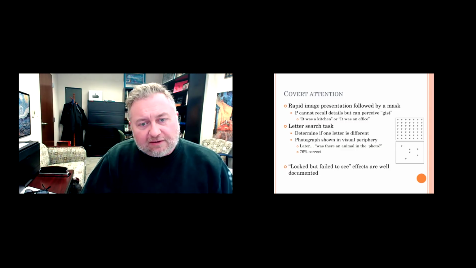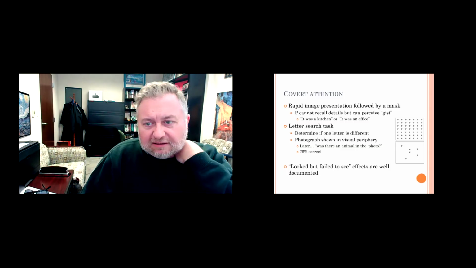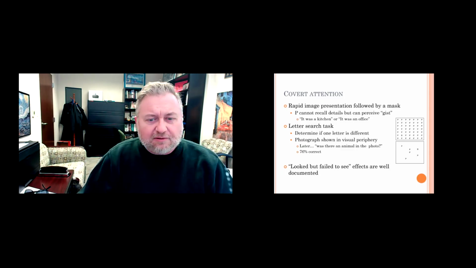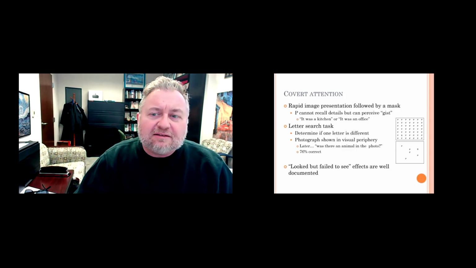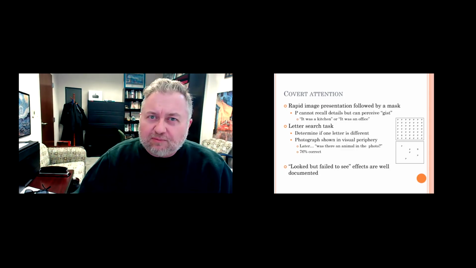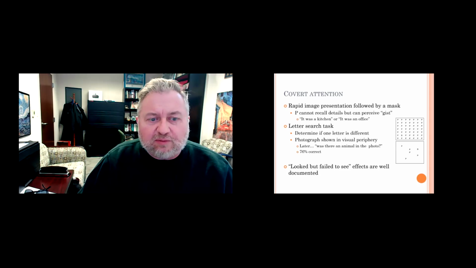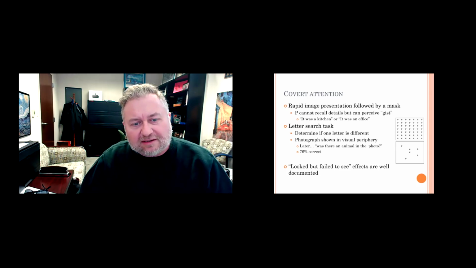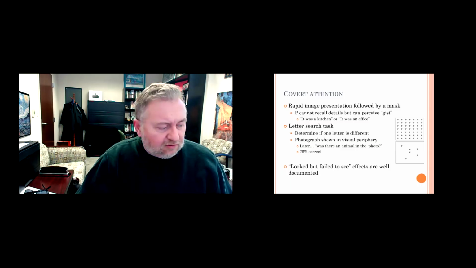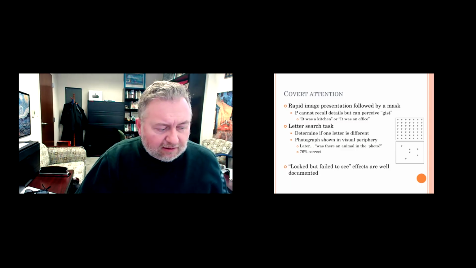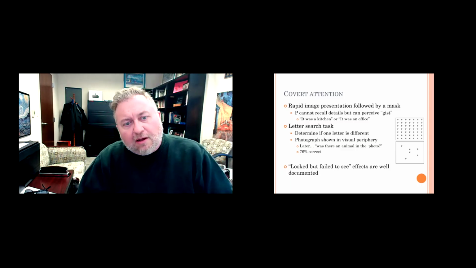First example is this idea of a masking stimulus. This example is a little weird compared to my real world example of covert attention, because this is not the same thing as trying to hide your attentional targets, right?